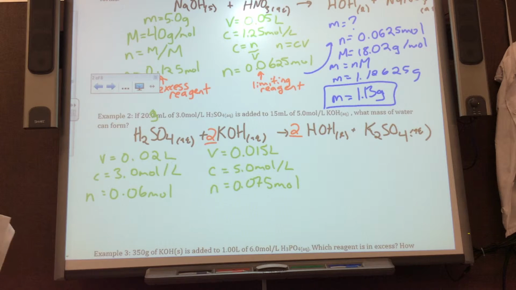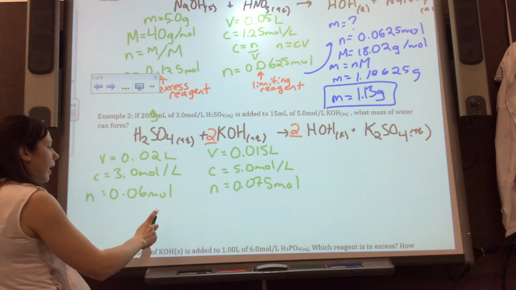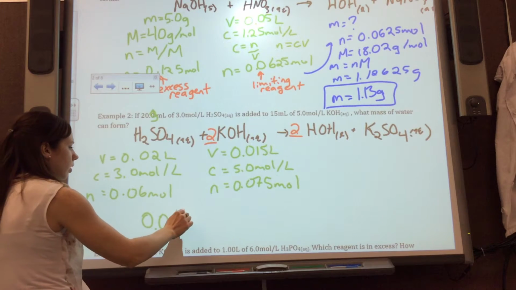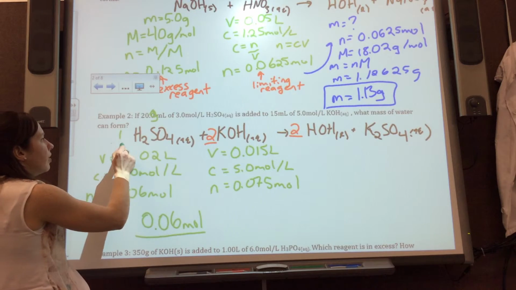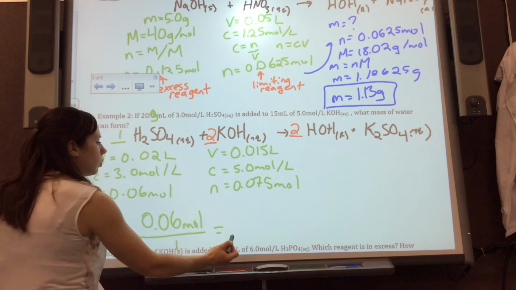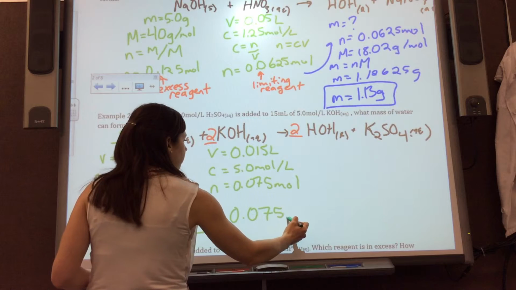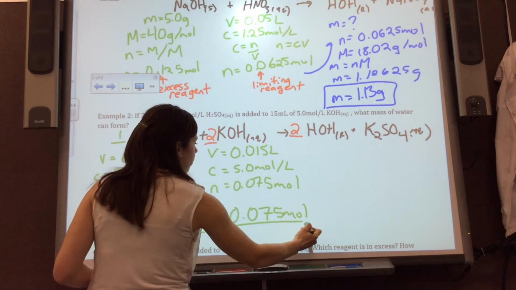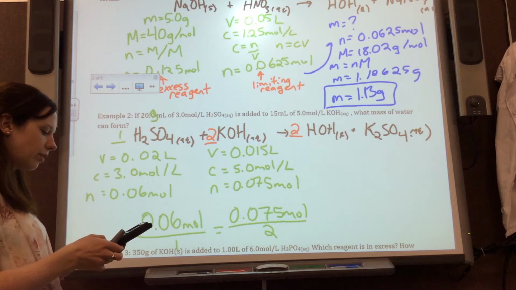So what do we do? Well, we have to set up a ratio. So we take the moles of our acid that we had, divide it by the coefficient, which was 1, is equal to the moles of my KOH divided by 2 now, because its coefficient from balancing is 2. So now put in 0.075 divided by 2.